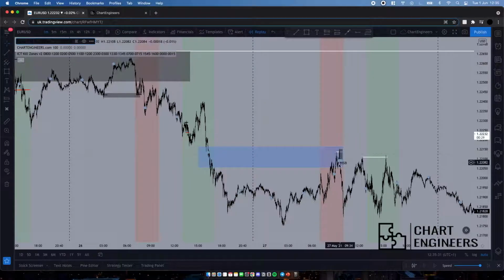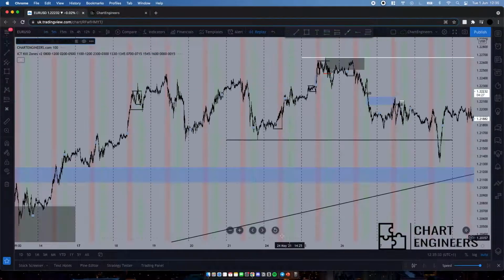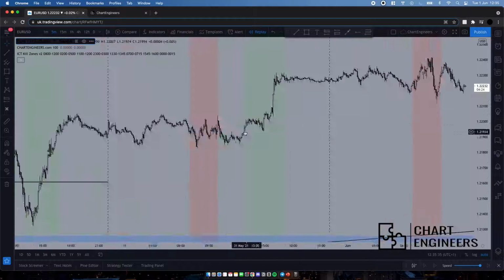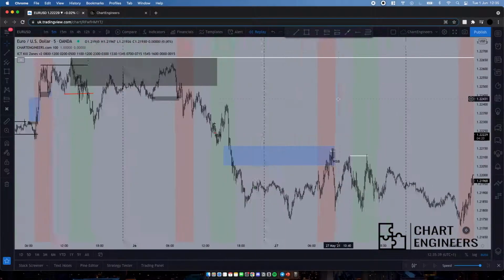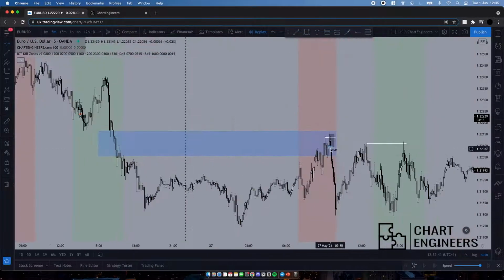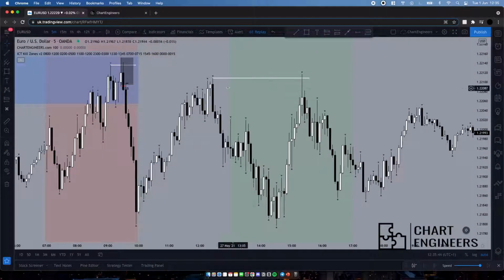There was the M5 raid, M1 MSB, and we also had that daily swing high, which just tells us that price is bearish. So this was a pretty clean trade. Then again we had an M5 raid over here. We had one over here as well, but outside of our session times.